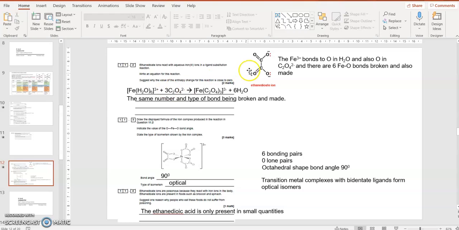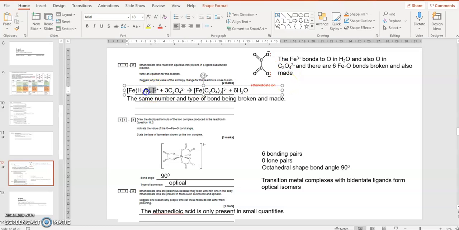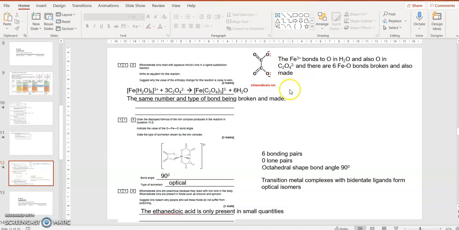Ethane dioate, you can see there's lone pairs on the O minuses. That's going to form a bidentate ligand. So these 6 water molecules can be replaced by 3 ethane dioate ions, each forming 2 coordinate bonds each, and that's why you only need 3 of them. The coordination number will still stay as 6 because there's still 6 coordinate bonds, but you only need 3 bidentate ligands.